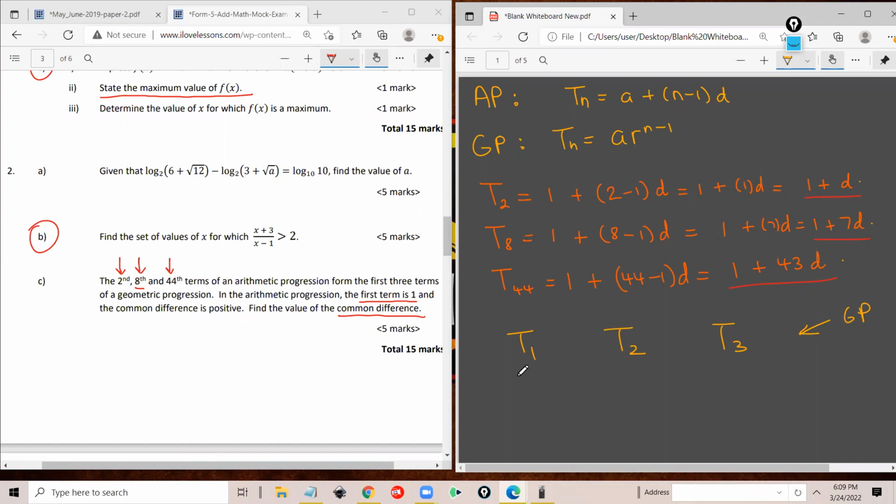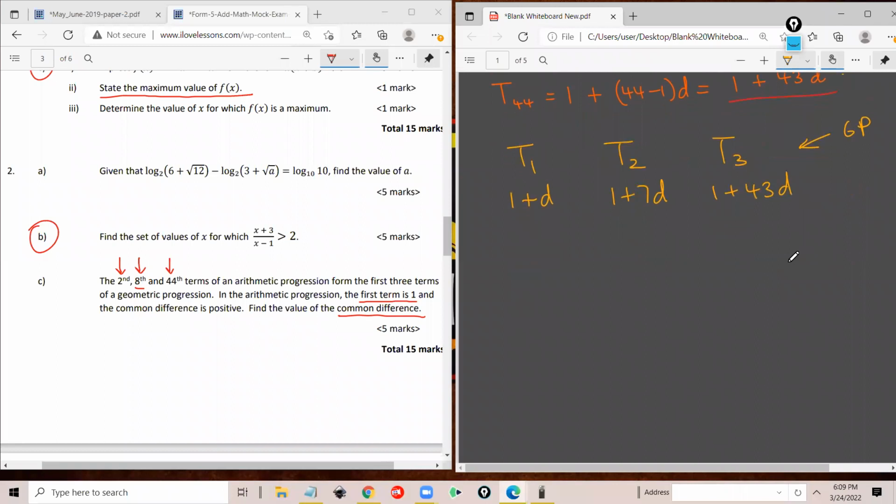So in the GP, they're trying to say 1 plus d is T1. In the GP, T2 is 1 plus 7d. And the third term is 1 plus 43d. That is what they are saying. But what do we know about a GP?